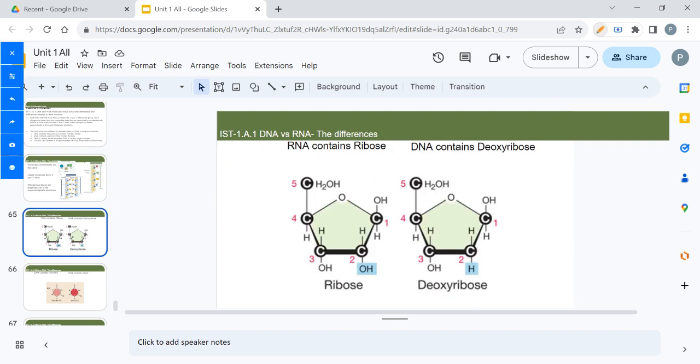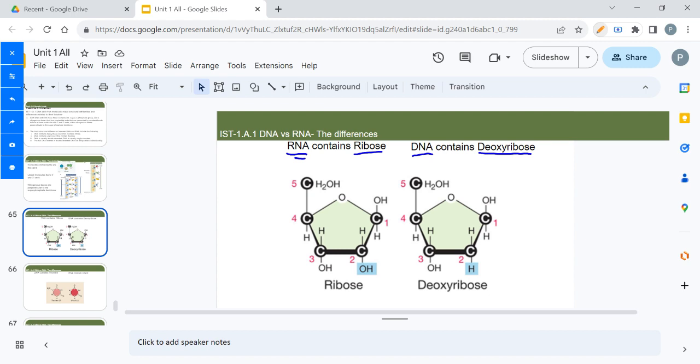RNA stands for ribonucleic acid. DNA stands for deoxyribonucleic acid.